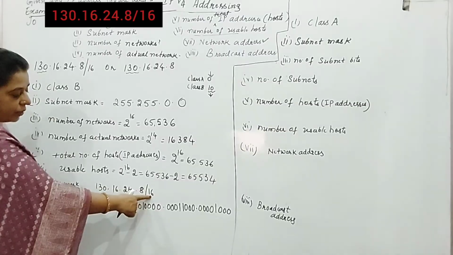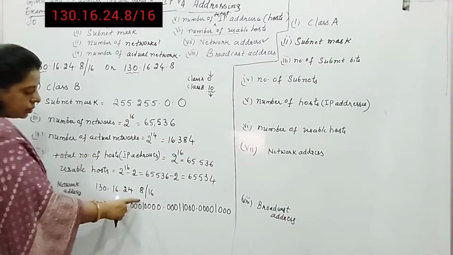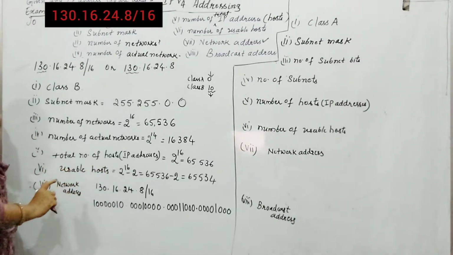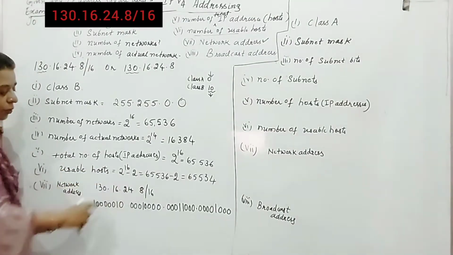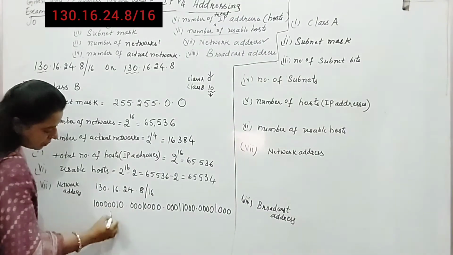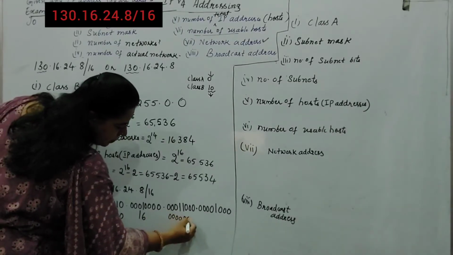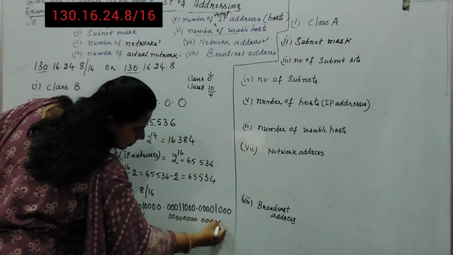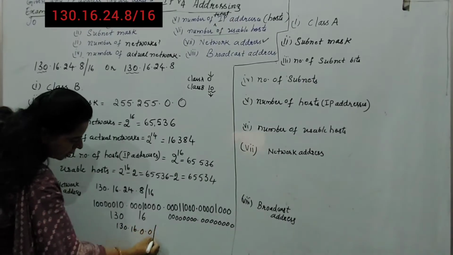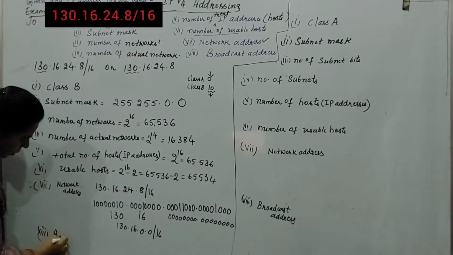Here the value given is 16. In the case of a default subnet mask, it is not even required to write it in binary, because exactly 16 means 2 bytes are covered, and only the remaining 2 bytes you have to write in terms of zeros and ones. So for the network address, the first 2 bytes stay as they are, 130.16, and the remaining are written as zeros to get the first address. So your value will be 130.16.0.0/16.